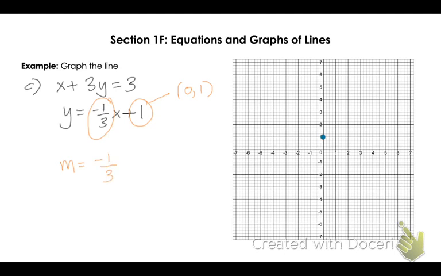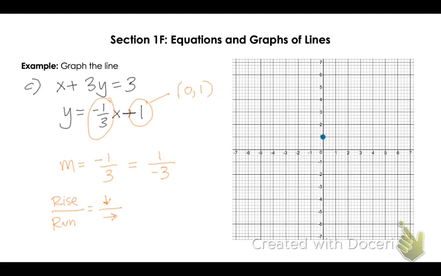Okay, and I'm going to write that negative 1/3 two different ways. I'm going to write it as negative 1/3. I'm also going to write it as 1/-3. As long as I only put one negative sign in the fraction, that's still the number negative 1/3. Okay, and the reason I do this is so that my rise over run, if I write it as negative 1/3, my rise, the top, is negative, and my run is positive.